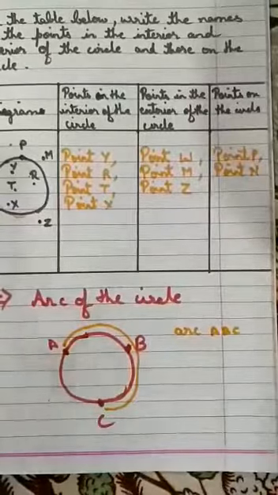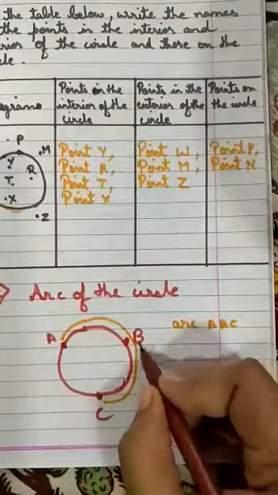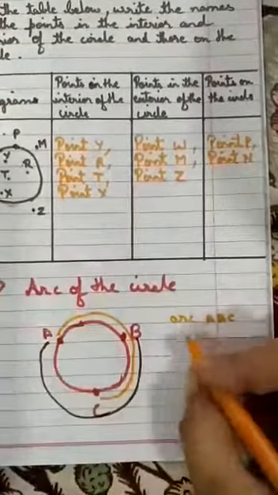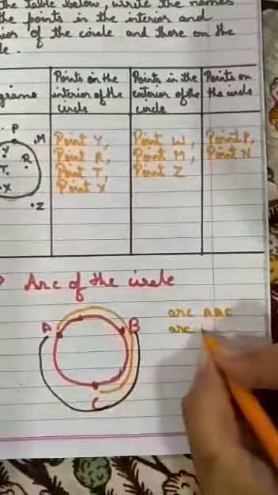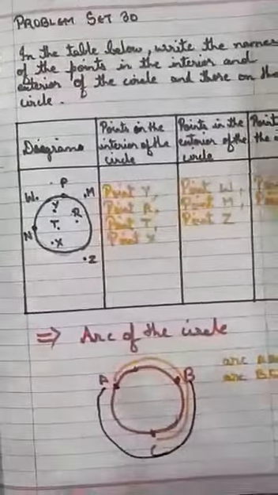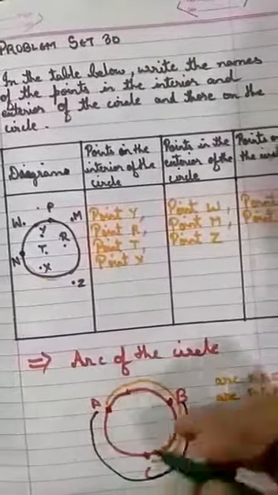Next we will take it as this is another arc, that is arc BCA. Next we will take green color.